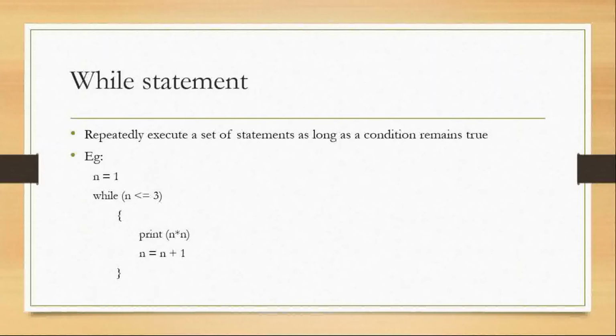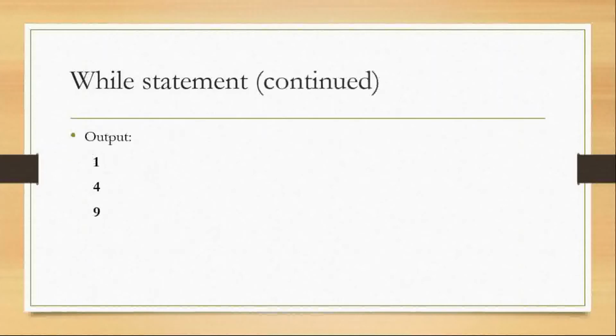We can see an example on the screen: n equal to 1, and as long as the value of n is less than or equal to 3, n squared gets printed. The value of n gets incremented by 1 each time the control is inside the loop.